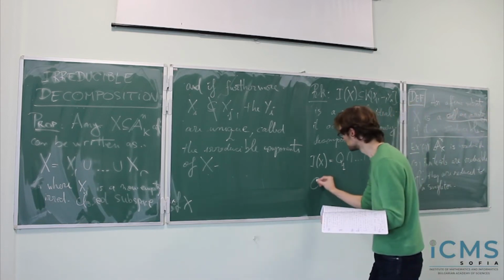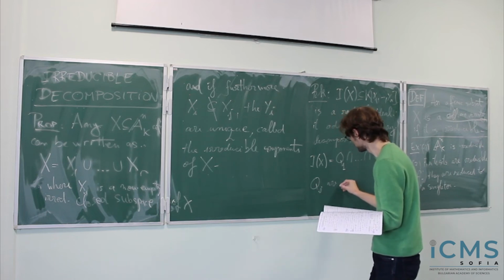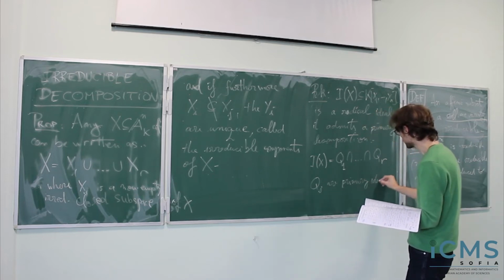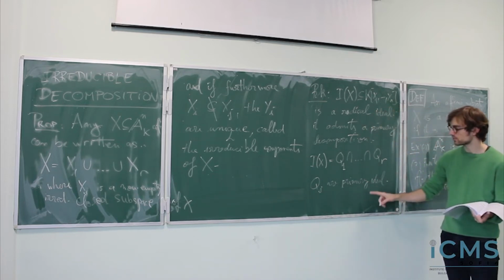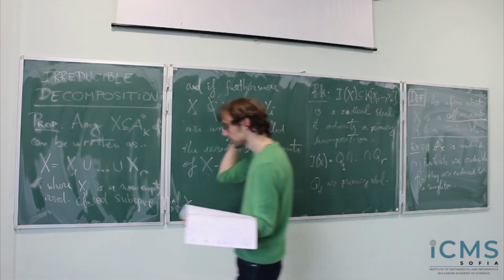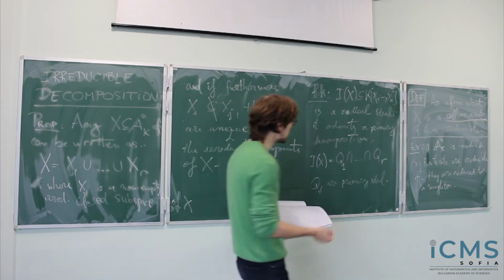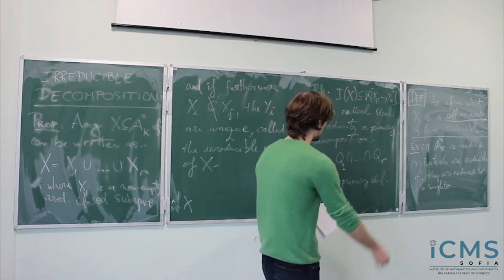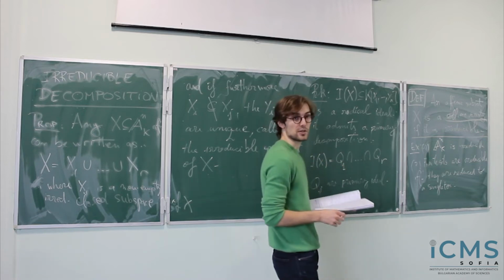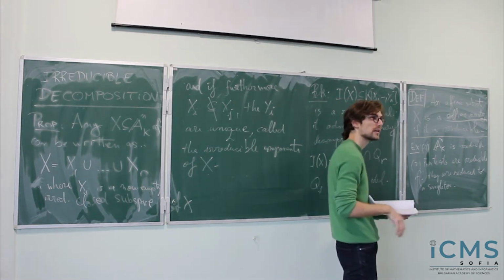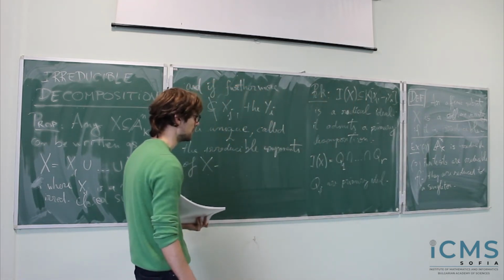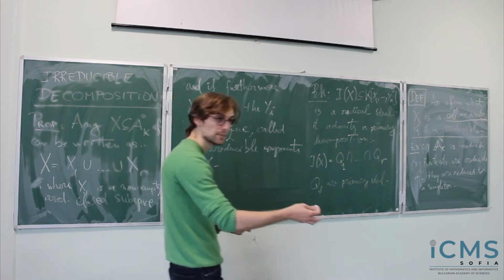So primary ideals are a generalization of prime ideals, and in some way, the objective of primary decomposition was to generalize unique factorization. So we know that unique factorization is not always true for all rings. Many examples arise from either algebra or from number theory.